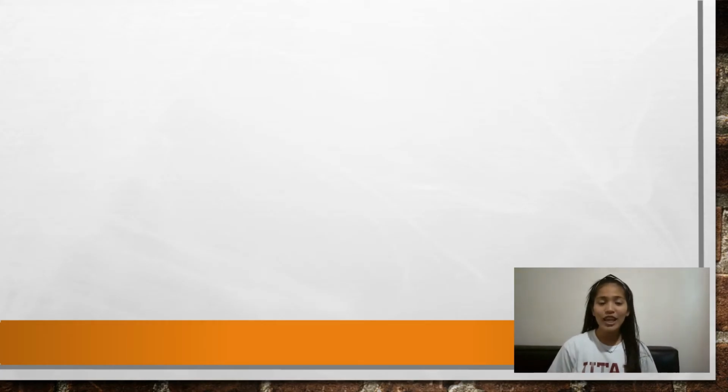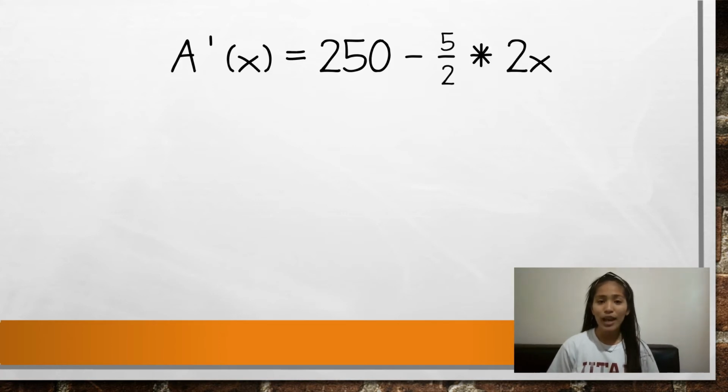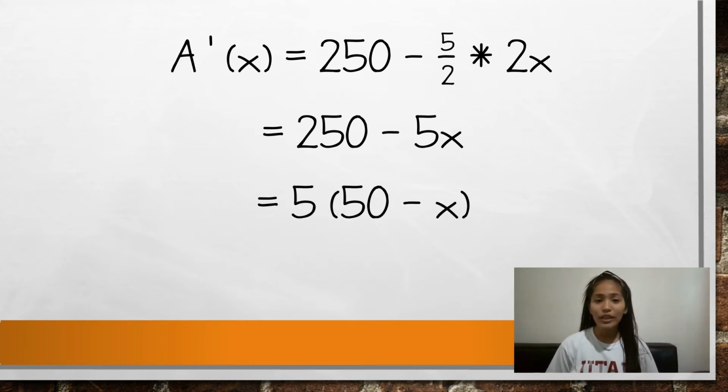Now, differentiate this equation, getting A' = 250 - (5/2)(2x). Simplifying this, we get 250 - 5x. Factoring this out, we get 5(50 - x) = 0, for x = 50.